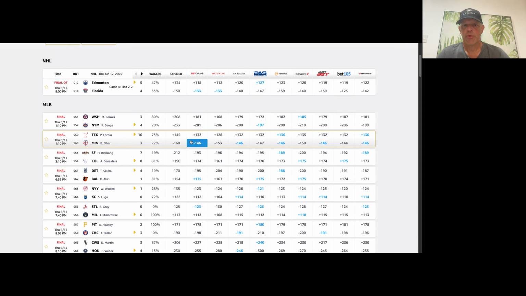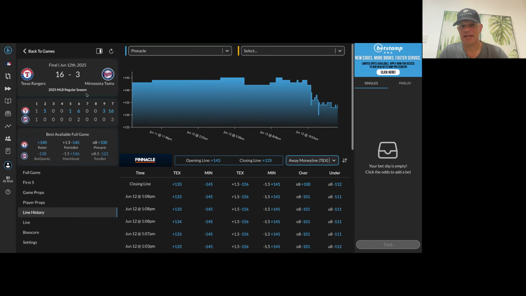Now, this is very important because a lot of people say, well, this isn't a sharp opening line. The reason you want to look at the generic line here as opposed to a sharp book like Pinnacle or Circa is that they will open the line at a better number. If they open it at a better number, it can make it more difficult to see the difference between the opening and closing line. Let me show you that as well. So now we switch over here and I'm at BetStamp.